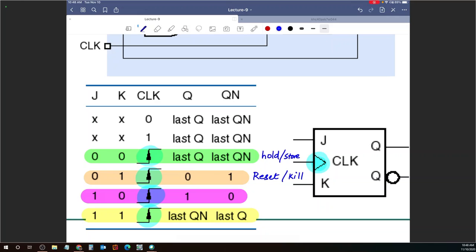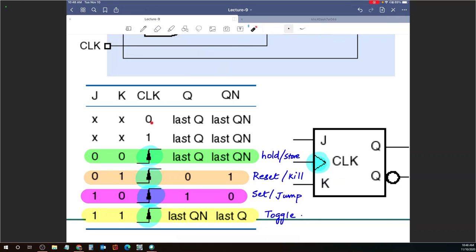Then hold. Reset, set. Oh, okay, set. So set or jump. That's good. And the last one will be toggle. Whatever it was, flips. Last Q, right? Q plus will be Q complement. So that is when the JK flip-flop sees the positive edge of the clock.